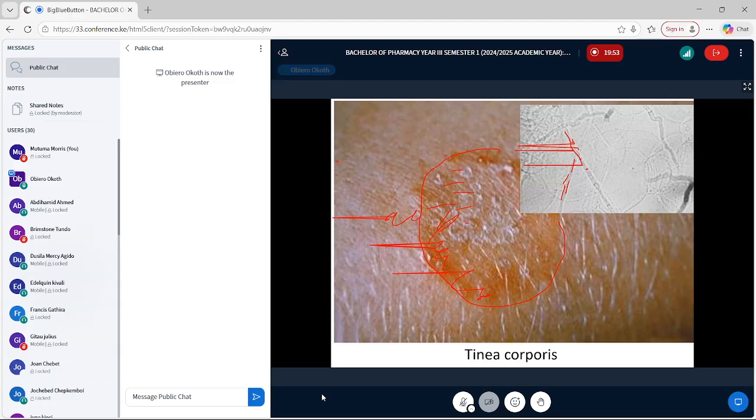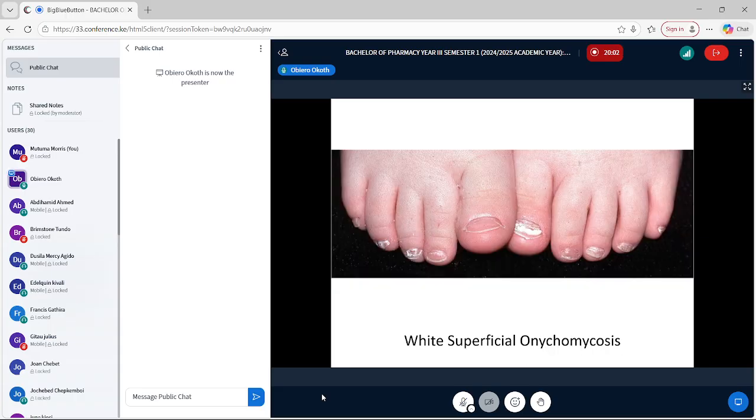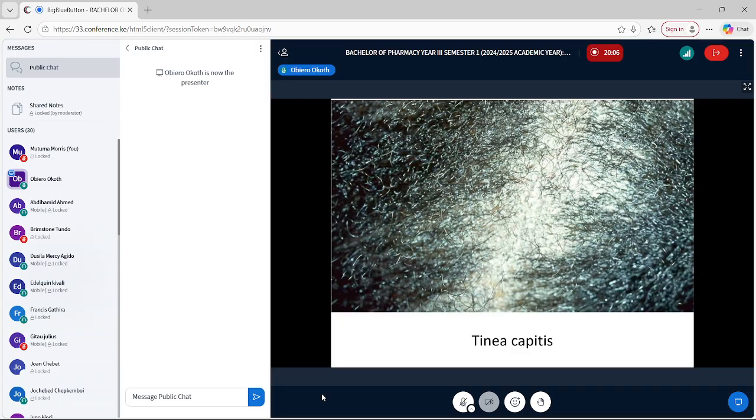This is onychomycosis. This is a nail infection. It can be this severe, it can be this mild. This is tinea capitis, on the scalp. Typically it's in children; you don't see tinea capitis in adults.